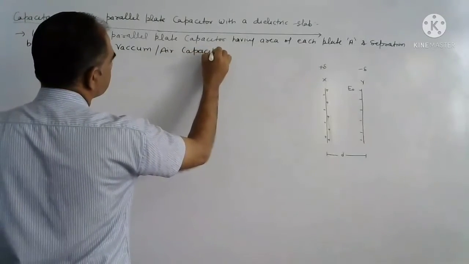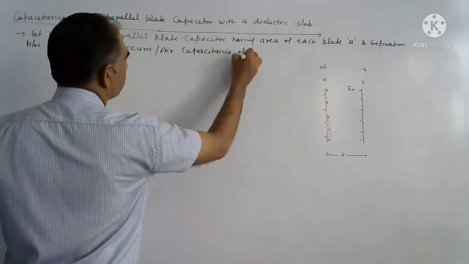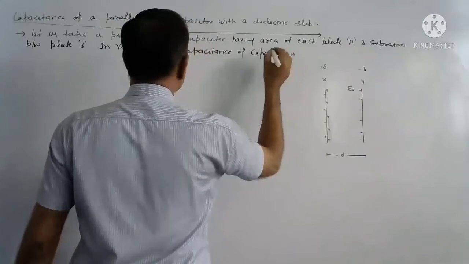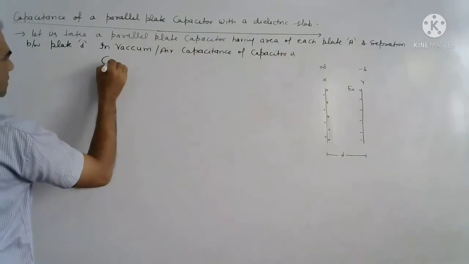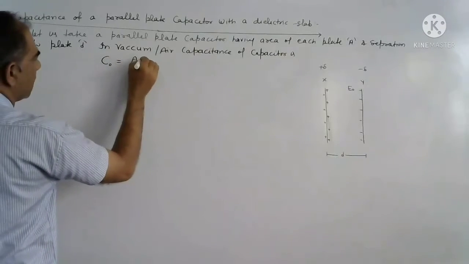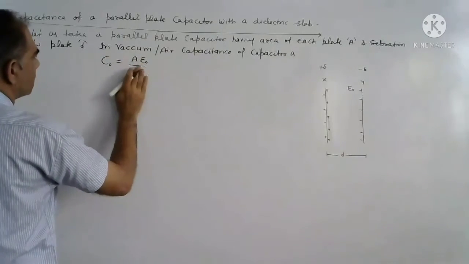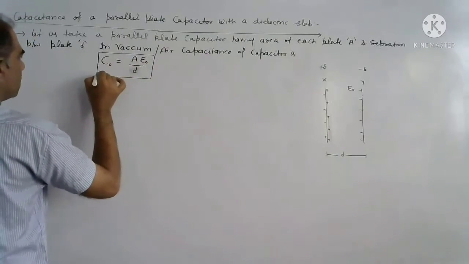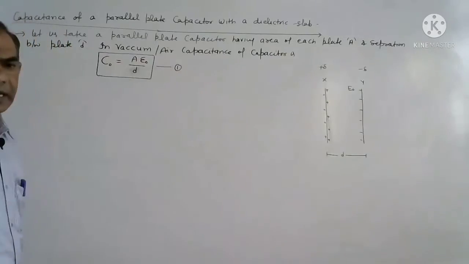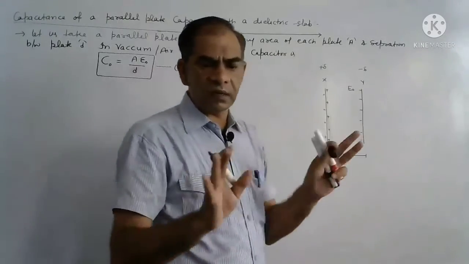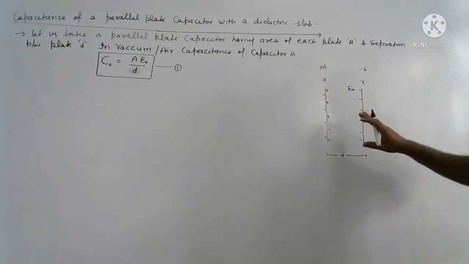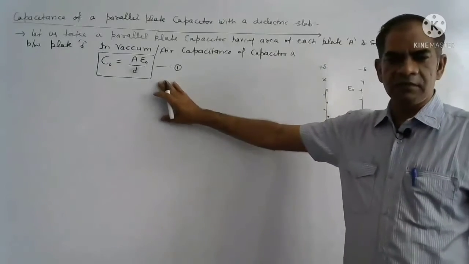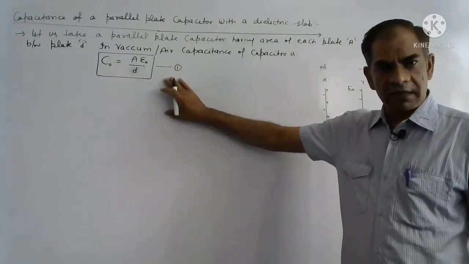The capacitance of the capacitor, we represent this as C naught, that is A epsilon naught upon d. This is the value of capacitance in vacuum or air. At this time, we have not introduced any medium here. Then in this situation, the capacitance of the capacitor is this in vacuum.